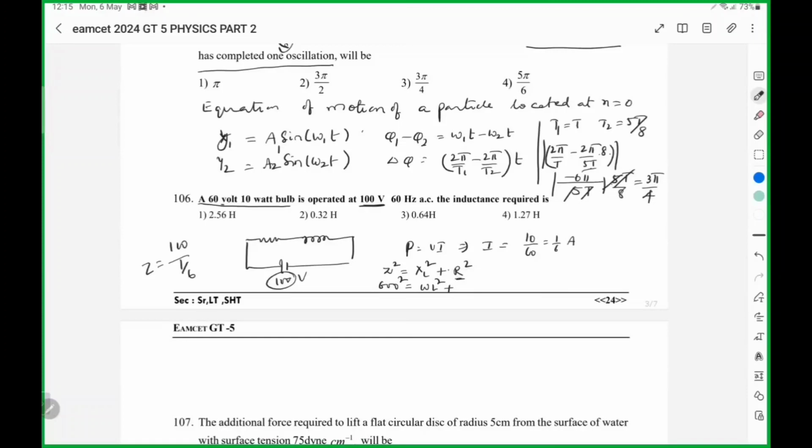R, P is V square by R, so R will be V square, 60 into 60 by power, 10. That is 360. So omega L square is 600 square minus 360 square.